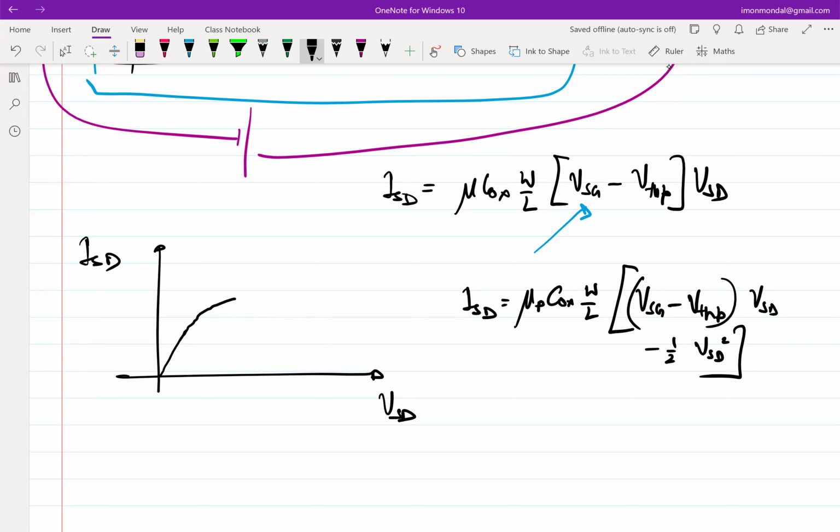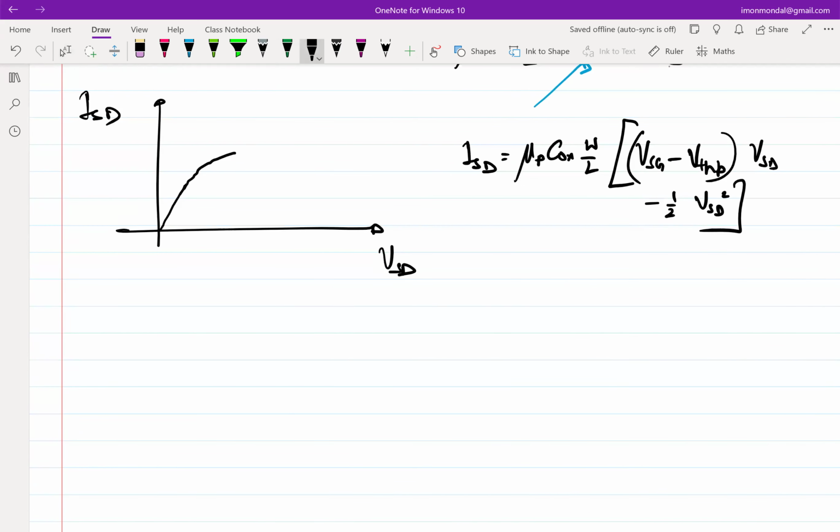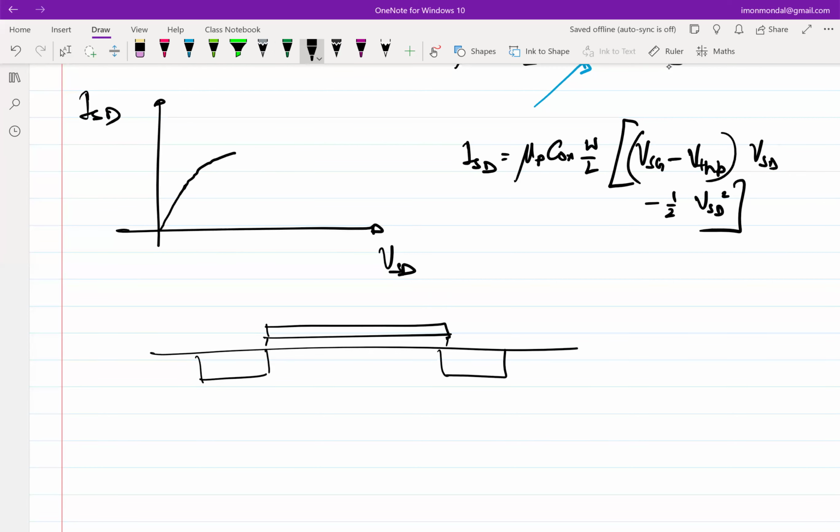So can you comment on when this is flattening, what is happening to the channel charge? So let me draw the cross section again. I'm not sketching the gate voltage because it is assumed that the gate voltage is fixed and it has been applied, so that the channel charge is present.